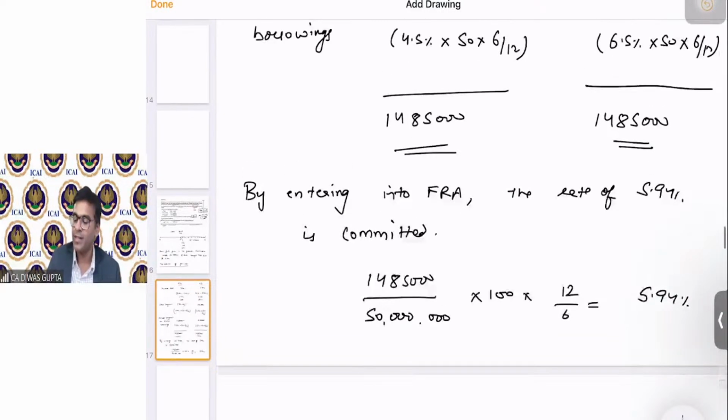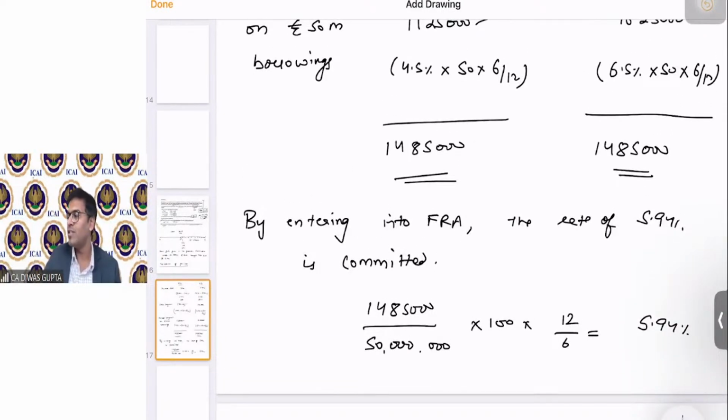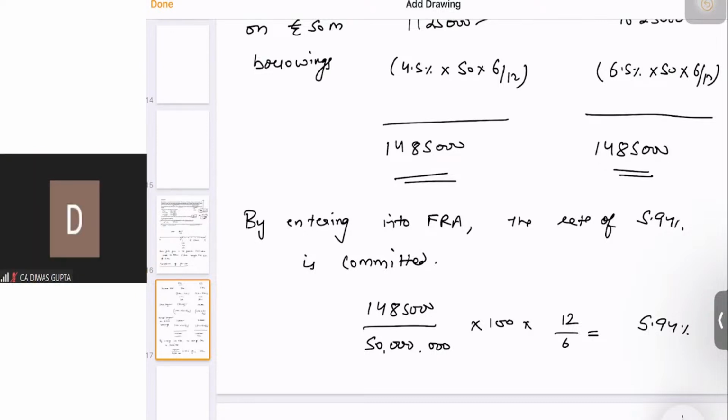Why is it happening, students? Have you noticed anything that I have changed in the way of calculation from there to here? Come on, students, tell me. This is a small observation, but a very important thing.